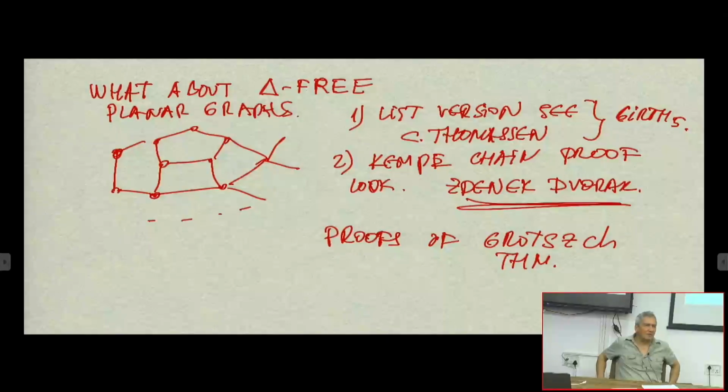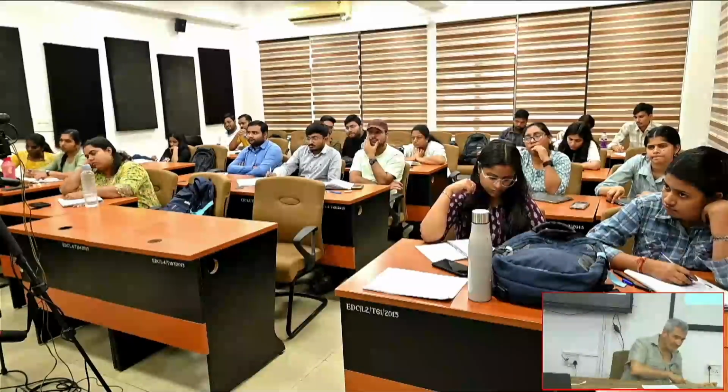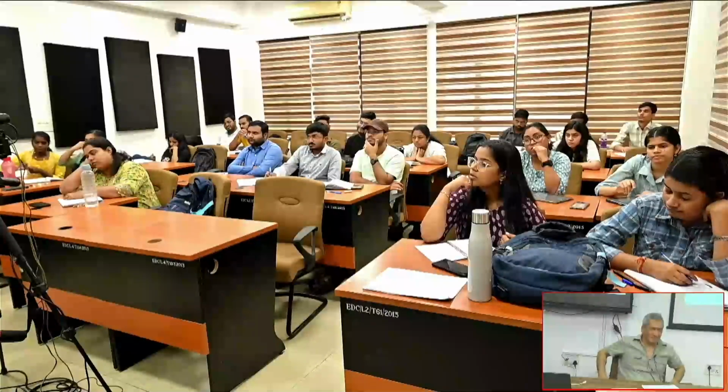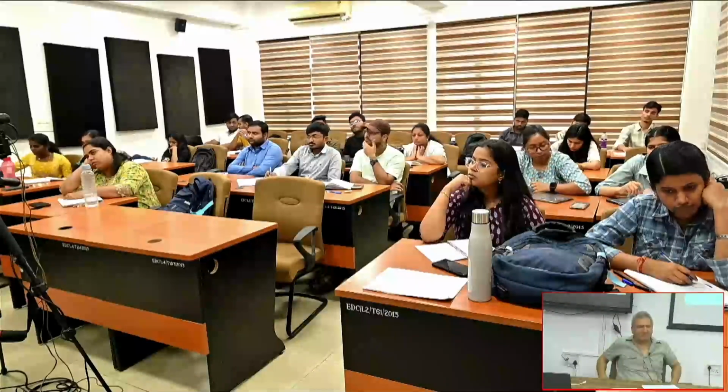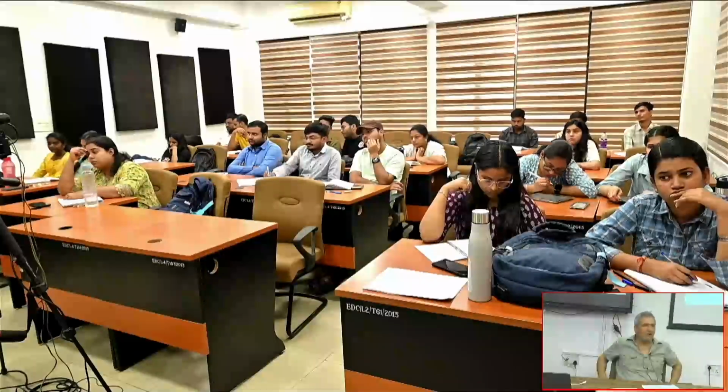Because I think if you have the Grötzsch theorem, I think if you have a 4-cycle, you can reduce it somehow. And then you stay at 5-cycles and more for usual coloring. And then you apply Kostochka and Thomassen, list version. But that's not necessary to complicate. I think Zdenek Dvorak has a very nice proof with Kempe chains for Grötzsch's theorem, yes.